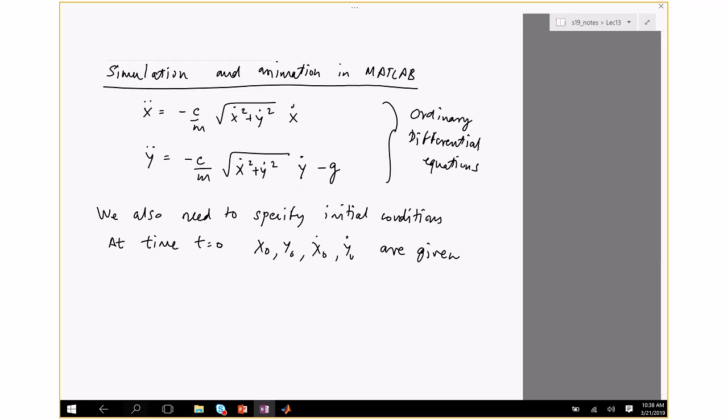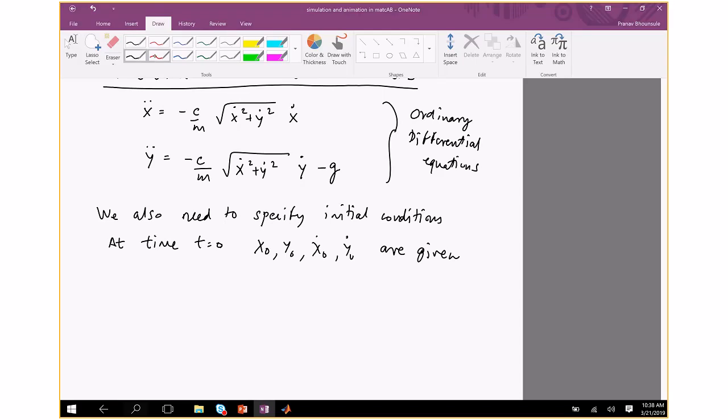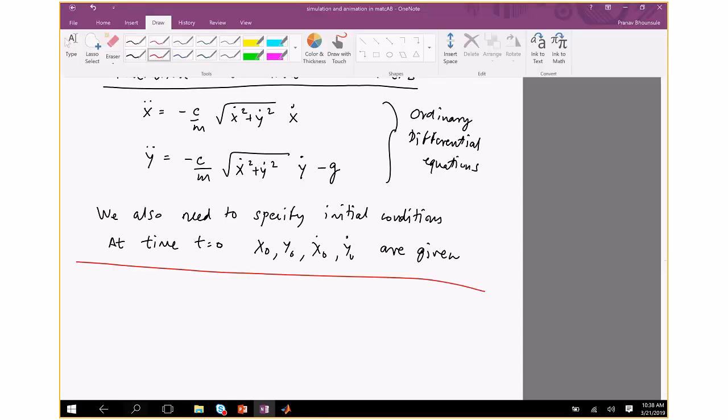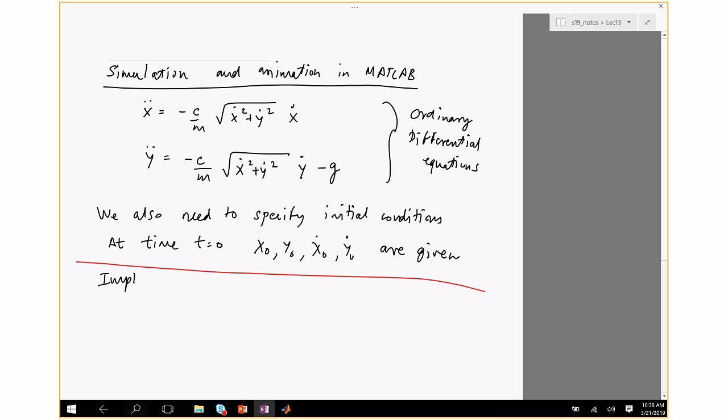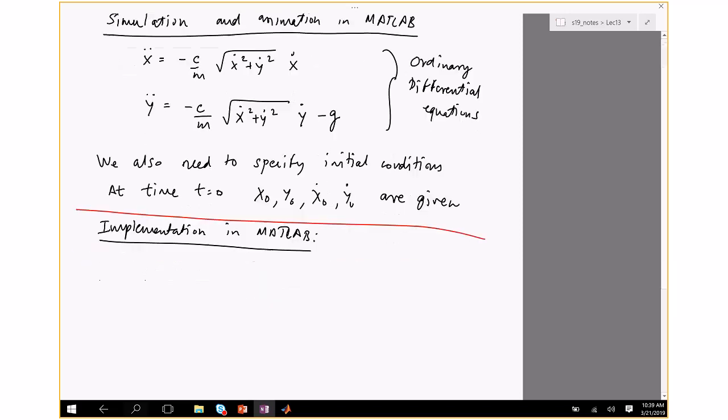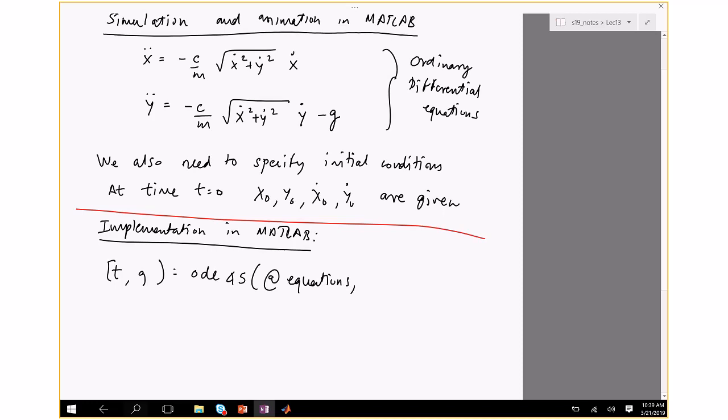Okay, so the implementation in Matlab. The heart of the program which I'm going to show you is this particular function. It's called ODE45, and you've got to give it the equations of motion. So the equations show up there. I'll show you how exactly to describe the equations.